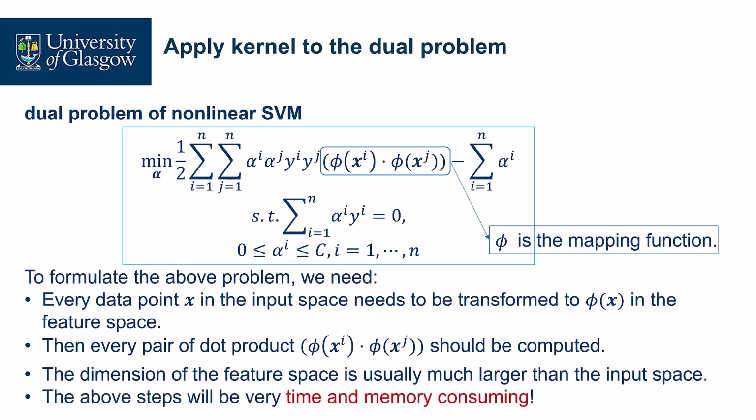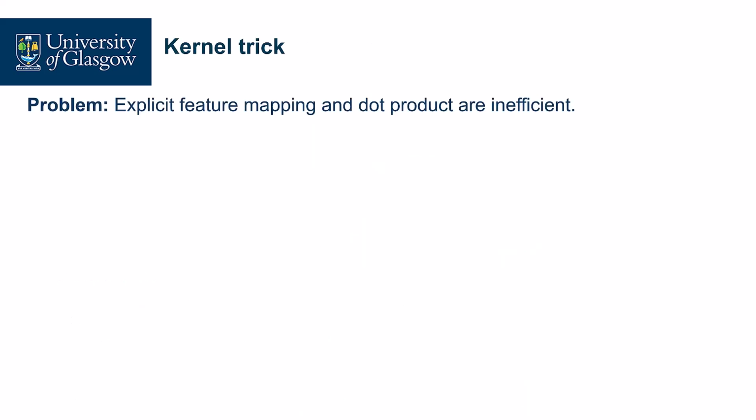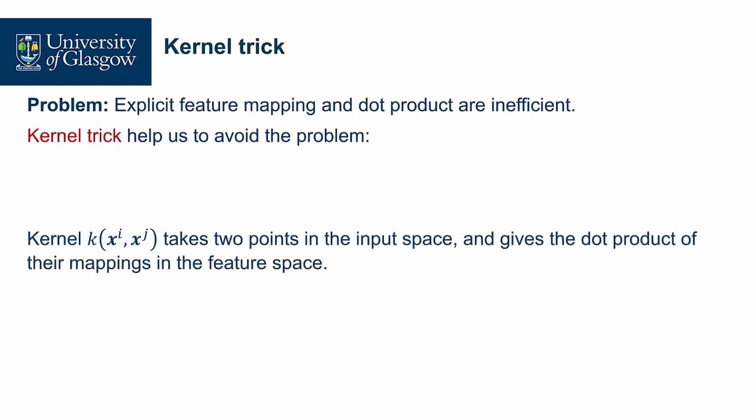So we want to make this problem solved more efficiently, right? So how to solve them? There is a method we call the kernel trick, which helps us avoid the inefficient calculation problem. With the kernel trick, we can find a kernel function.